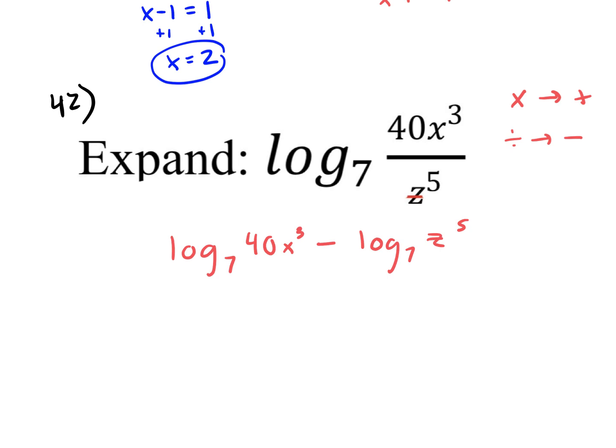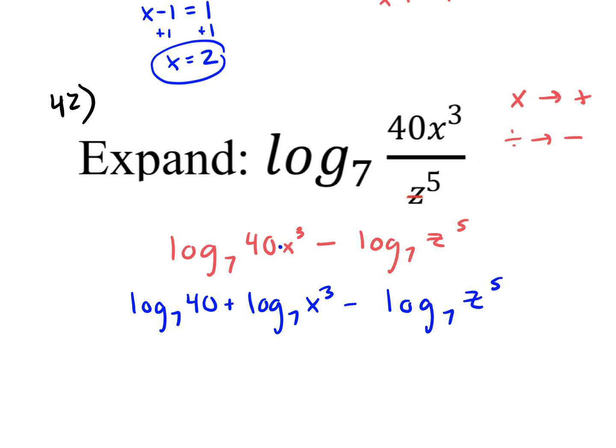Every time you break something apart, it needs its own log. I'm also multiplying here in between 40 and x cubed. So how do I break those apart? By adding. So this would be log base 7 of 40 plus log base 7 of x cubed minus log base 7 of z to the 5th power.